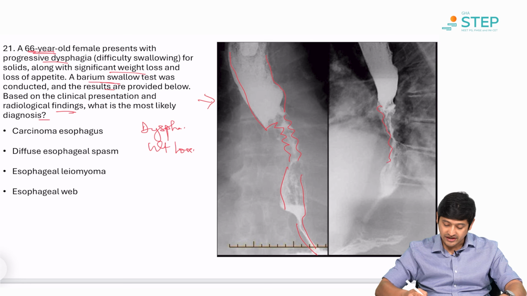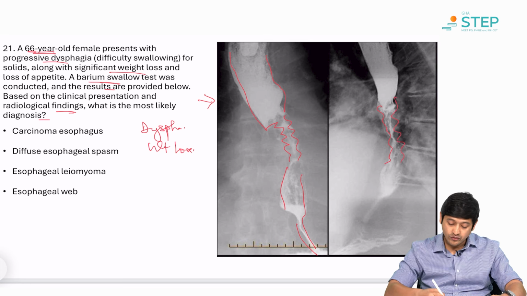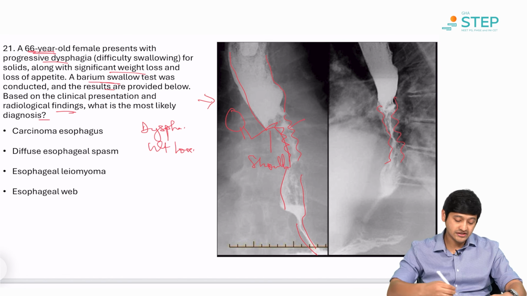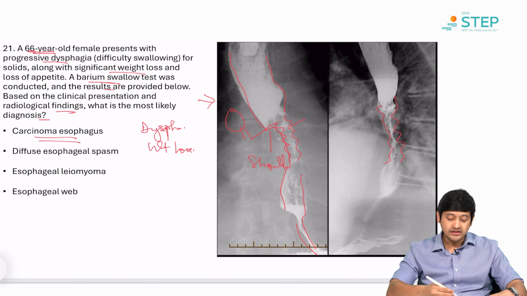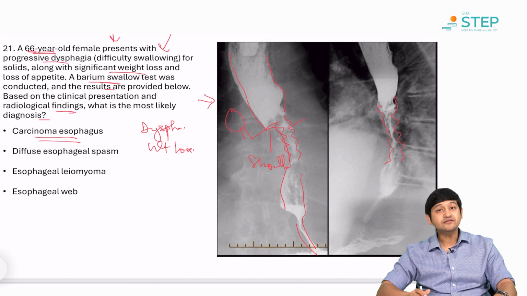Alright, so there's irregularity of the esophageal mucosa in the distal aspect. And if you imagine a person here, this would be his shoulder. So, this is what we call a shoulder sign. All right, so there is shouldering over here with significant irregularity in the involved segment of the esophagus. We are looking at a clear-cut case of esophageal carcinoma. So there are several hints in the clinical stem here, and also there is a very suggestive imaging picture.